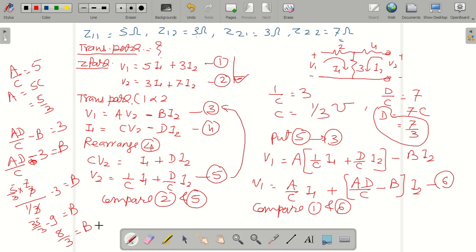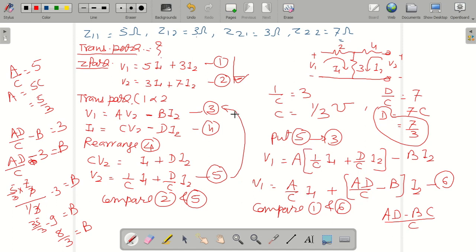What is AD coming to? AD minus BC upon C. I think it is 8 by 3. What is the value of A?